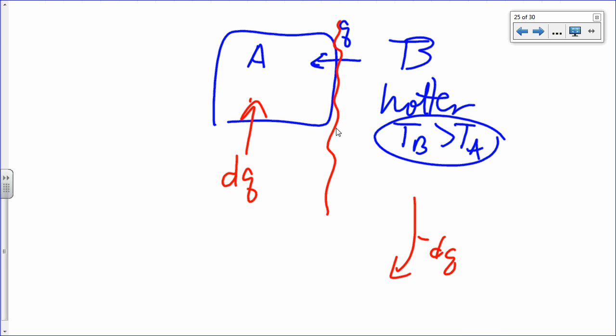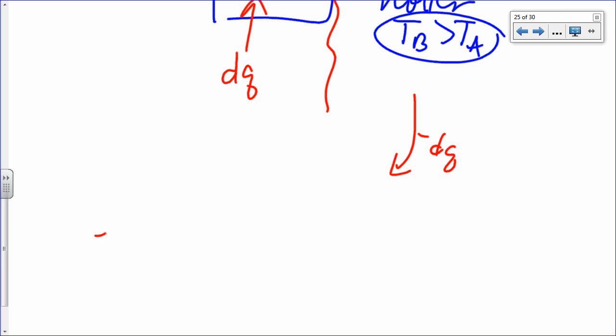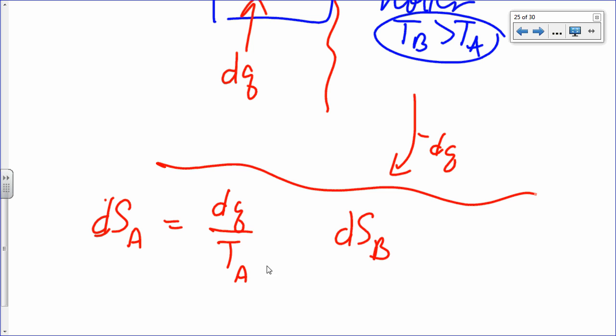So what would happen to our delta S? What would be our dS? dS for A would be dq over TA, and dS for B would be what? Negative dq over TB.